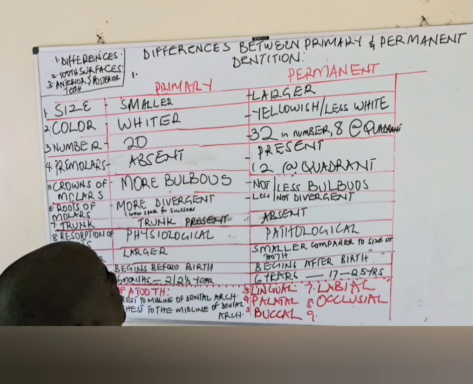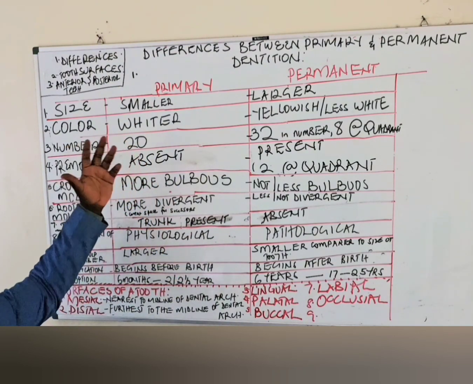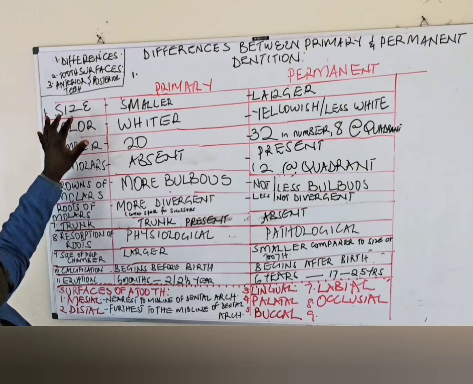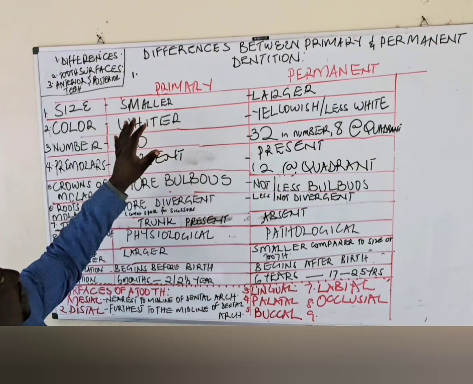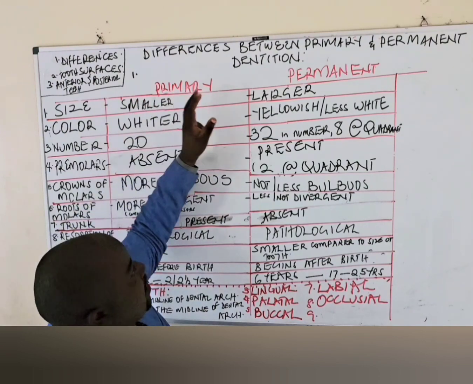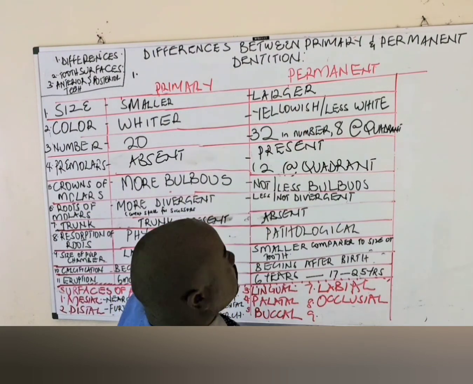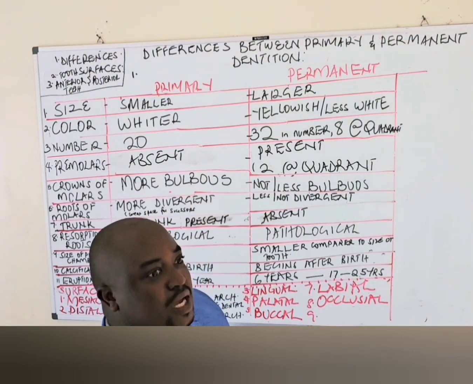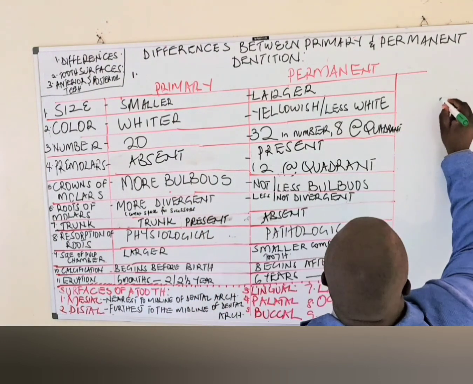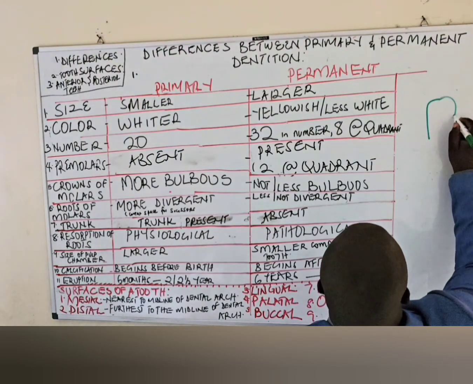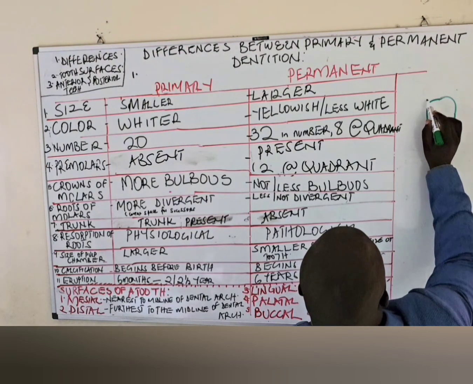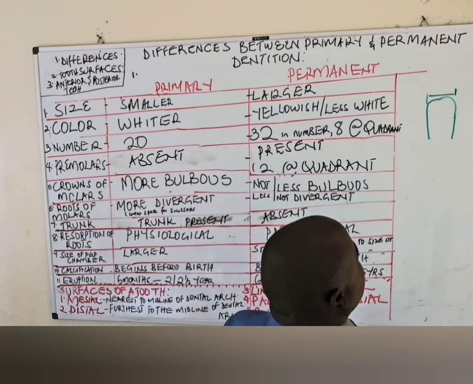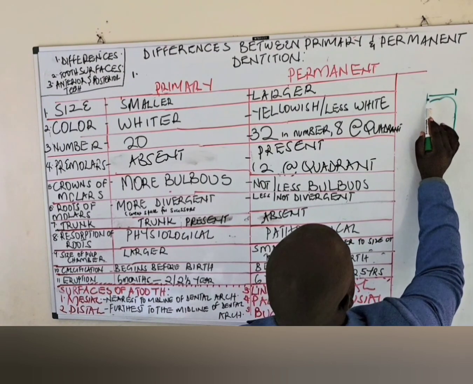One is that primary teeth, we talk about size. When you look at the size, the primary teeth are smaller and the permanent teeth are larger. That is difference number one. When you talk about the size, we can talk about the size in terms of the length, from one side of the tooth.